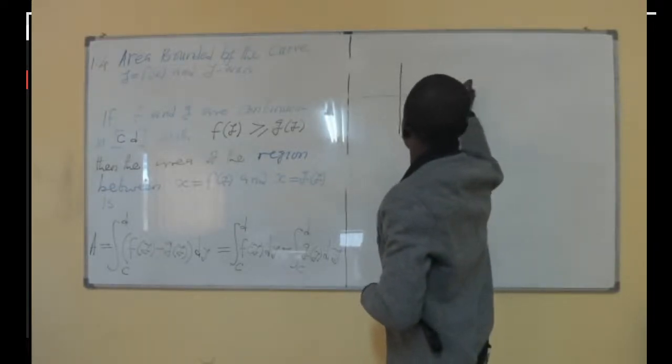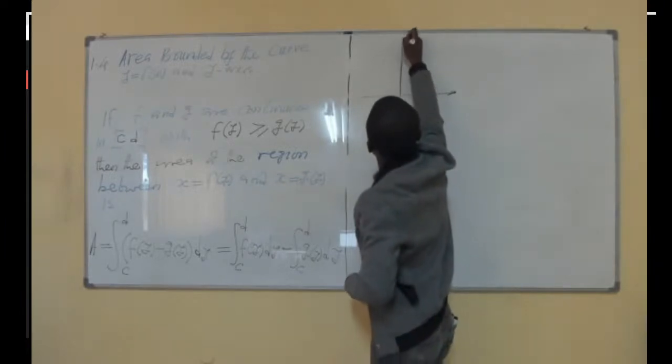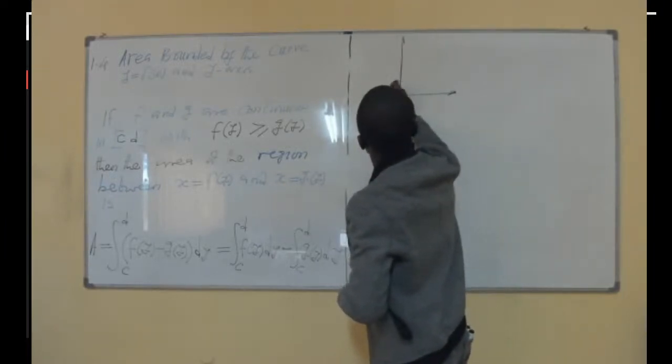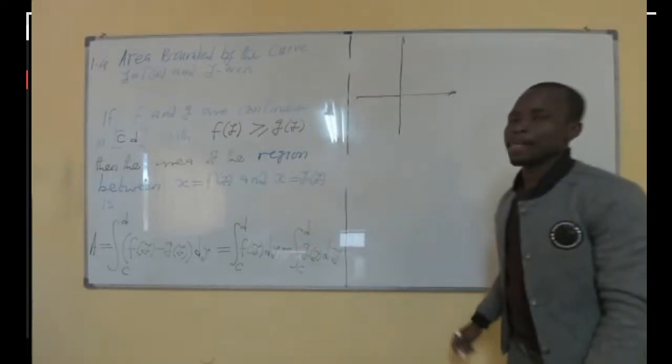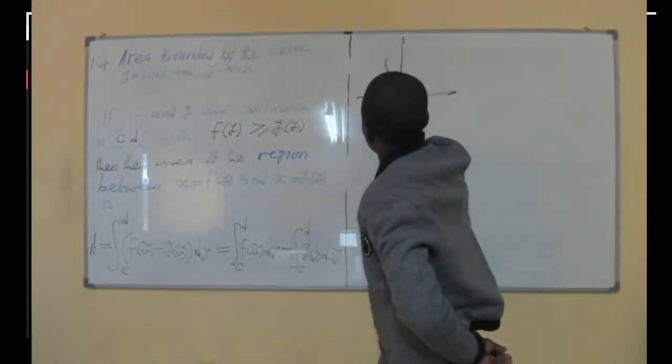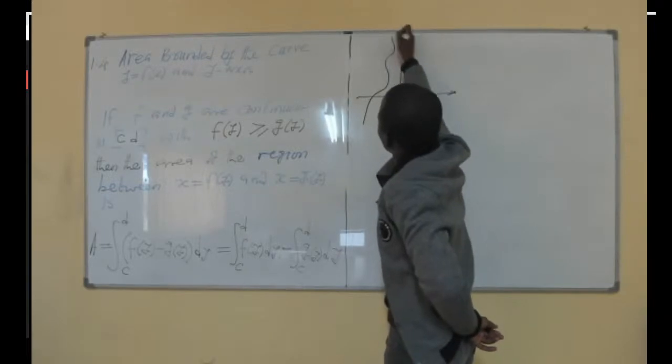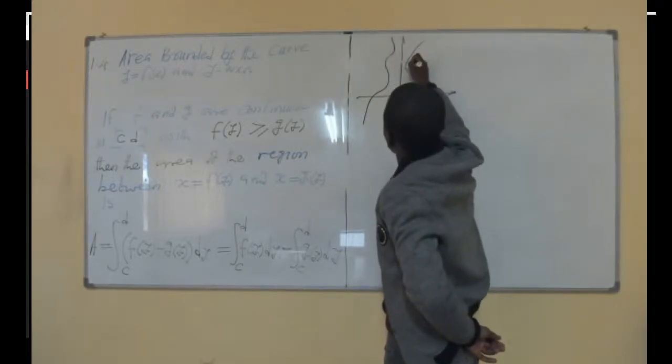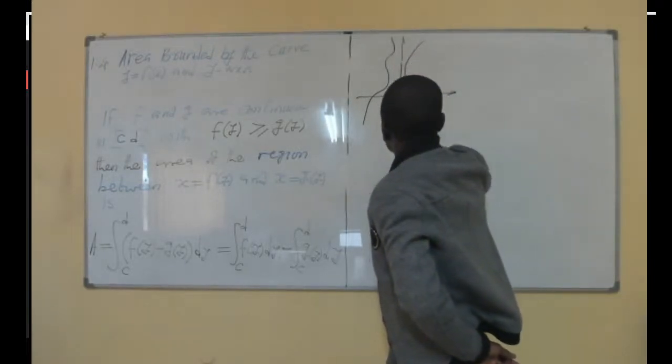So if you look at this region, graphically, maybe you have a region like this one, you have this curve, then you have also this curve which comes like that, and then it goes like that.